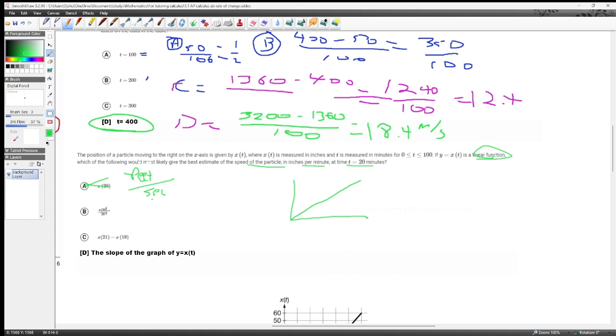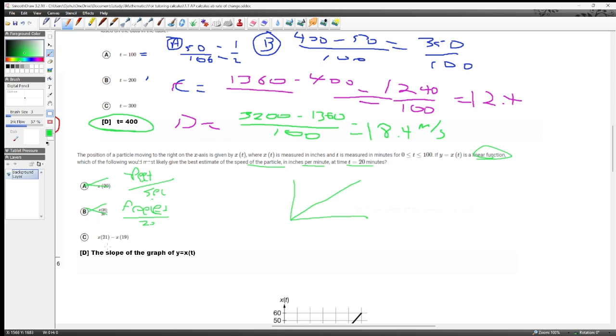Since it's linear, your speed is already given to you, which is the interval from 100 over 100, which is 1.